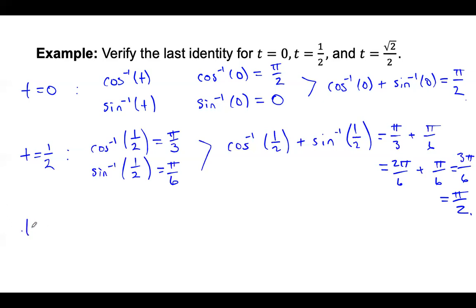And the last one, t equals square root of 2 divided by 2. So I'll just write it out. Cos inverse of square root of 2 divided by 2 is equal to, so the cos of basically what number is equal to square root of 2 divided by 2?